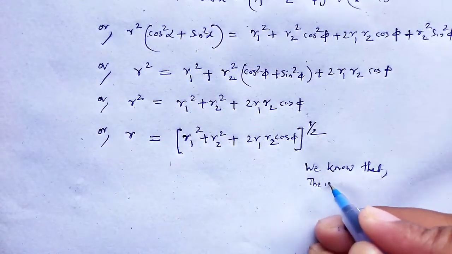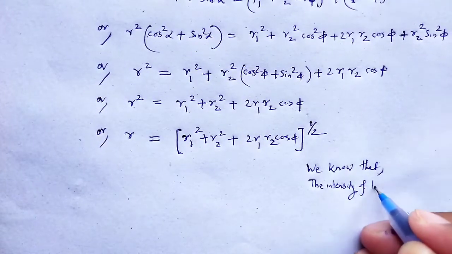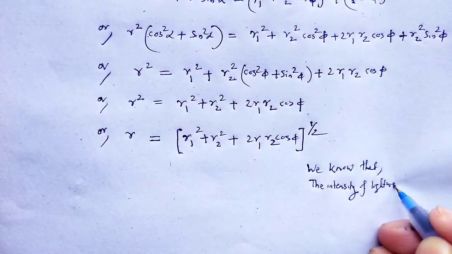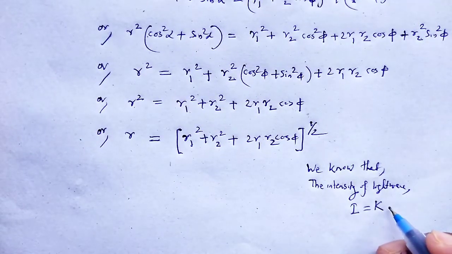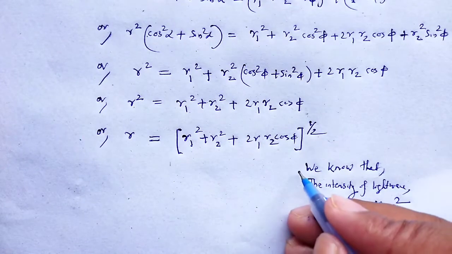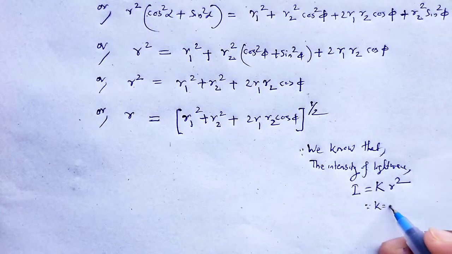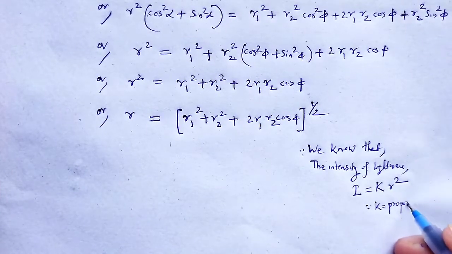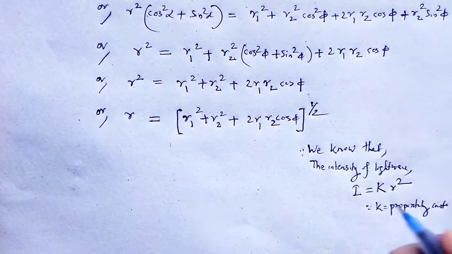The intensity of light wave I is equal to k r square, where k is the proportionality constant.